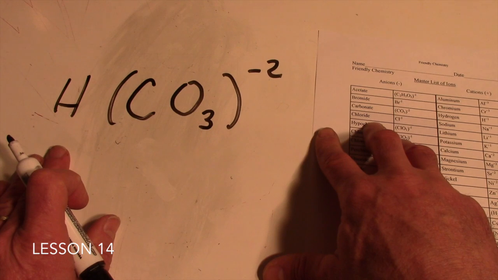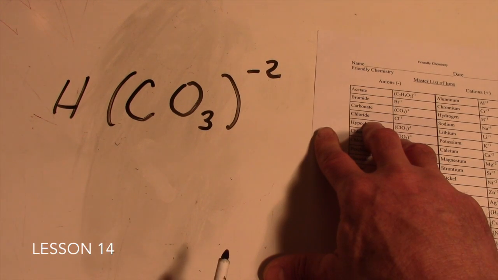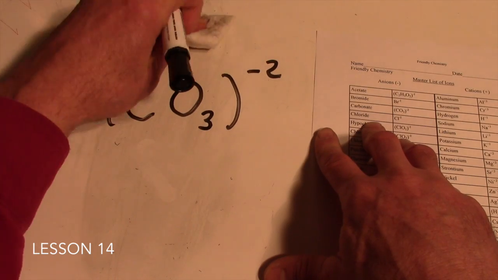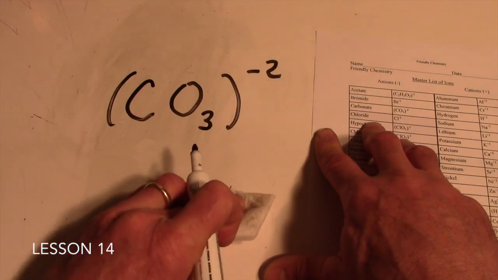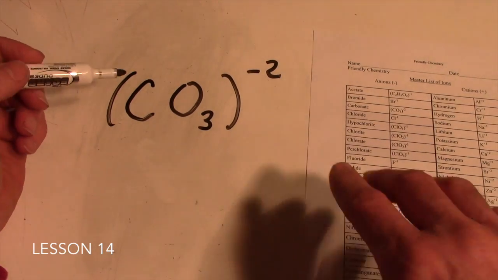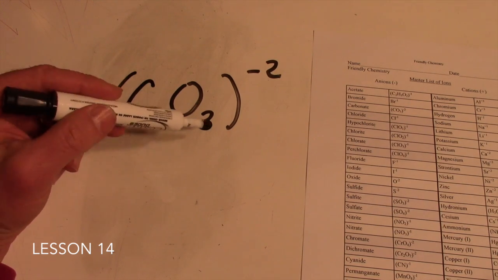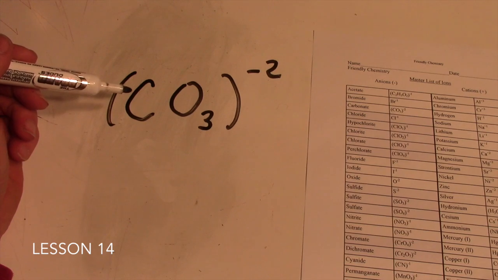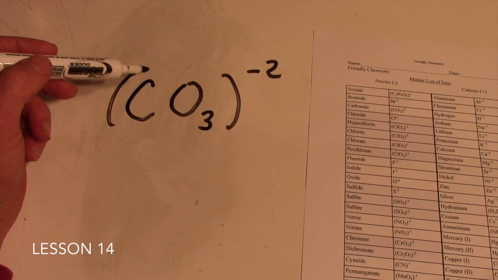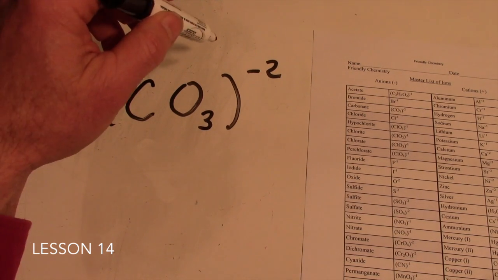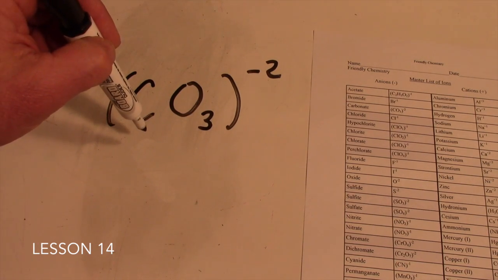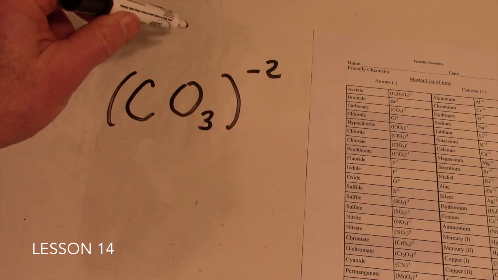And carbonic acid is a compound that's used to make carbonated water. Now, carbonated water is water that has basically carbon dioxide dissolved in it, and that's what makes the fizz in soda pop, in soft drinks. And so carbonate here makes up carbonated water, which makes up soda pop water.